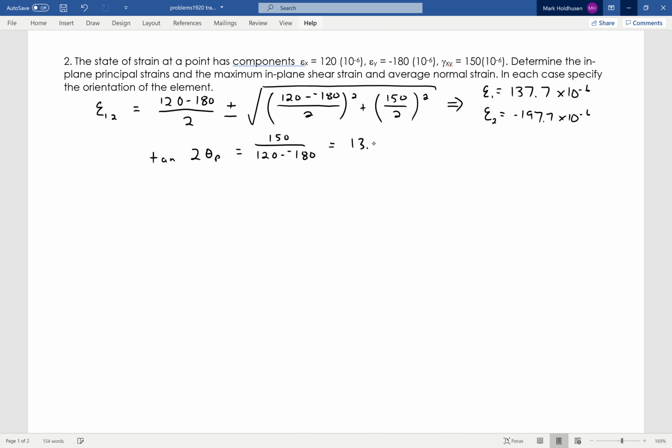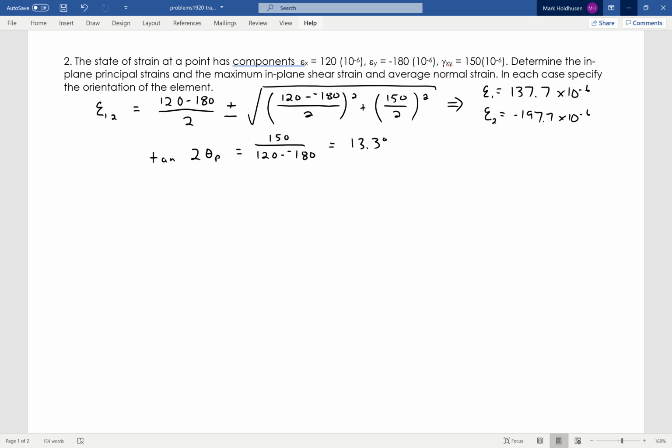And again, it's at 13.3 degrees. So rotating this element 13.3 degrees in that orientation is where I actually have my maximum strains, and that's how the most strain is going to occur in that orientation. Now, I don't like drawing these because drawing a strained element makes it a little challenging. But you rotate that 13.3 degrees, and that gives you where your maximum strains are actually occurring.